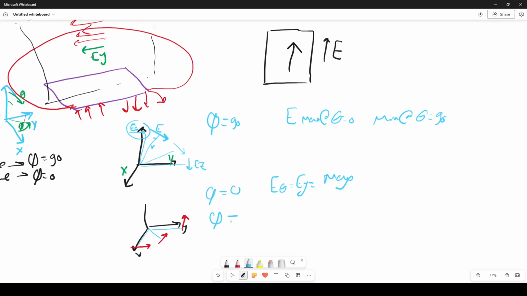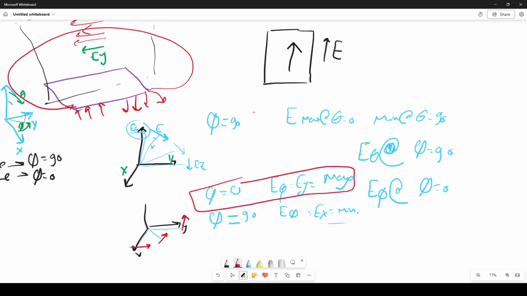And at phi equal 90, E phi equals Ex, which is the minimum. So the planes I look at are E theta at phi equal 90, or E phi at phi equal 0. So I have this case and this case.